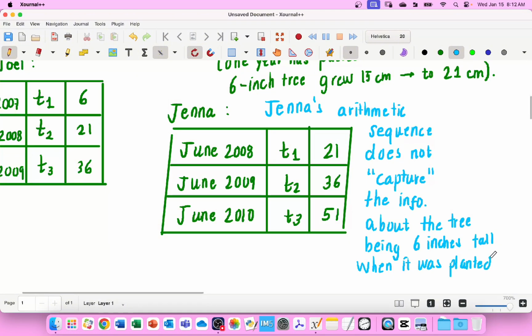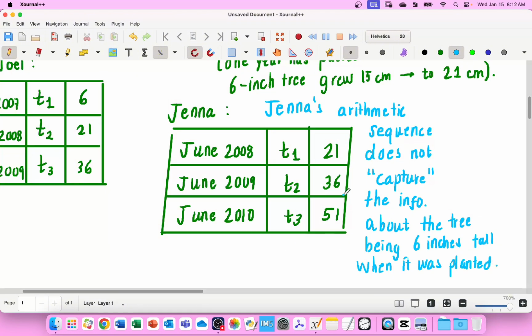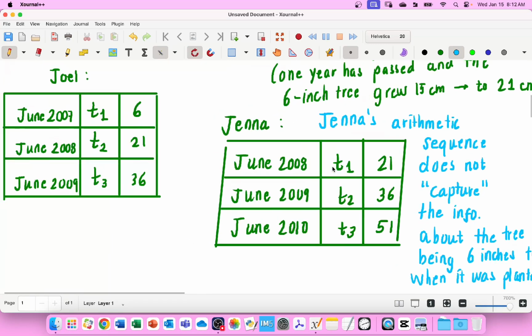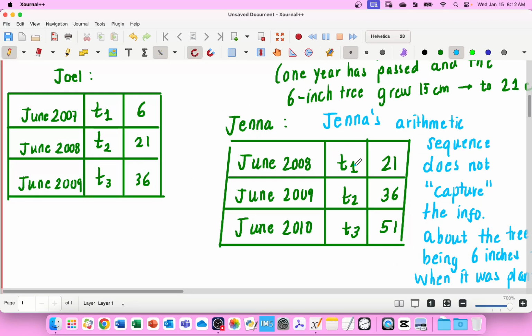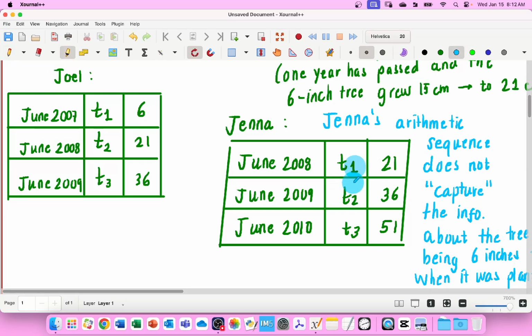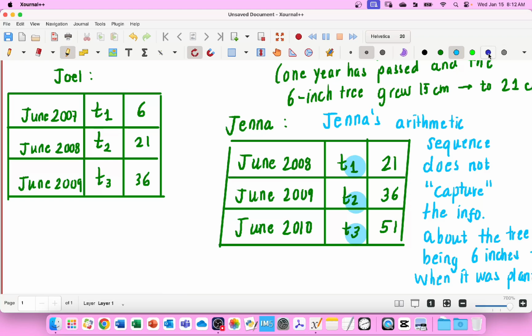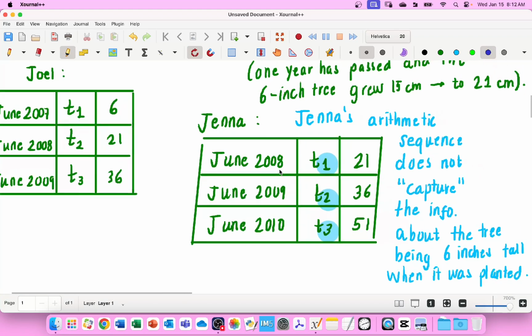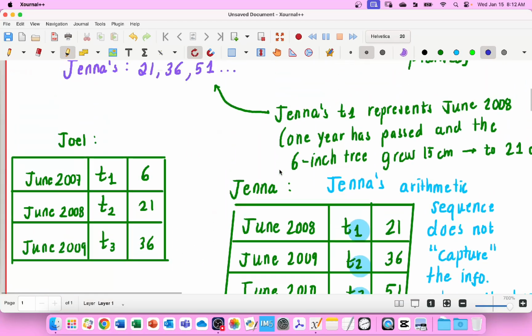But that's not really a big deal, because it's also kind of nice to say, after 1 year, the tree is 21 centimeters. After 2 years, the tree is 36 centimeters. After 3 years, the tree is 51 centimeters. I'm just trying to express that it kind of doesn't matter how you do it.